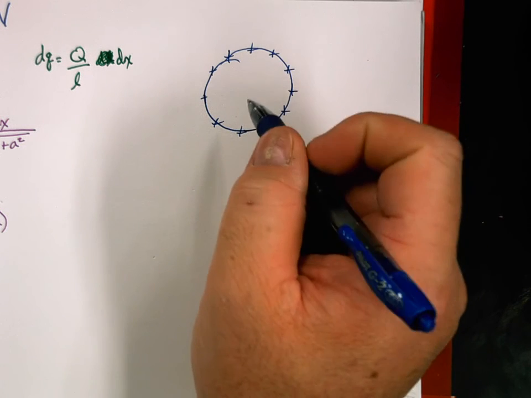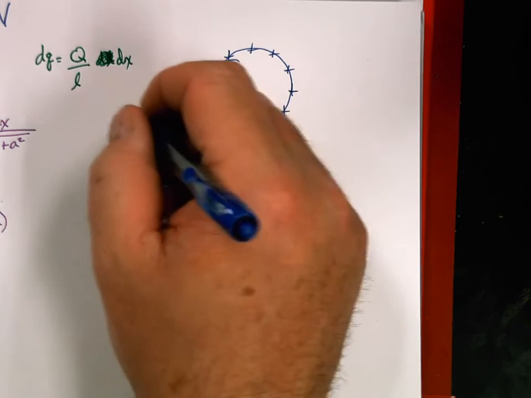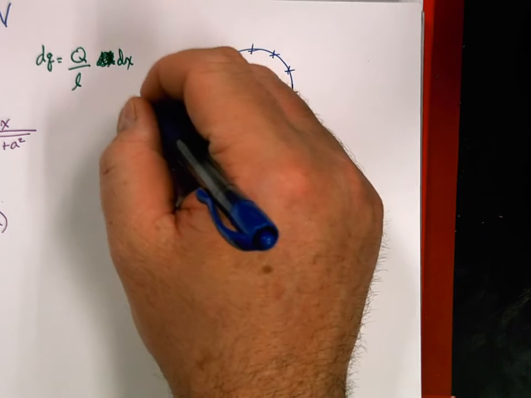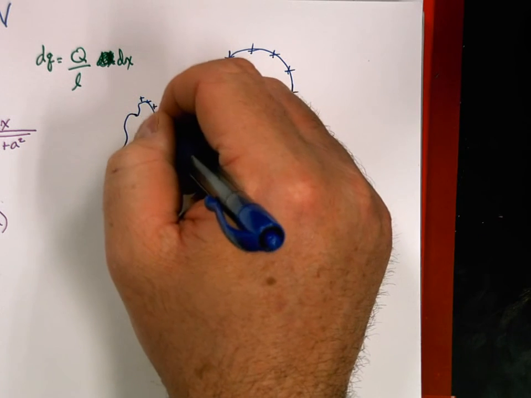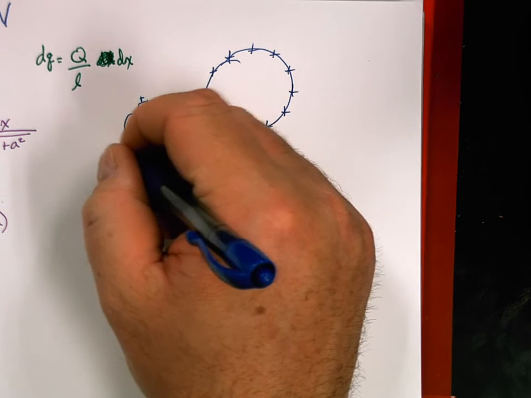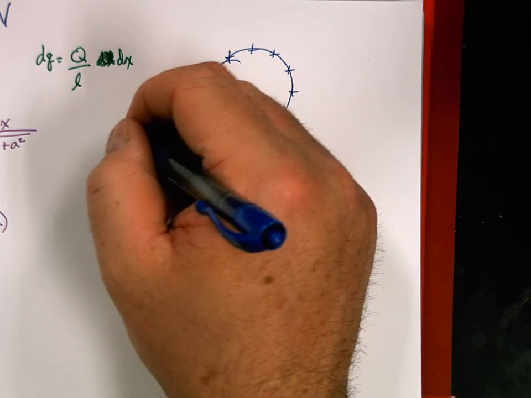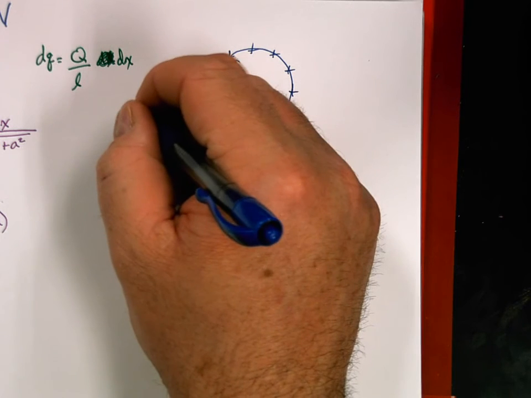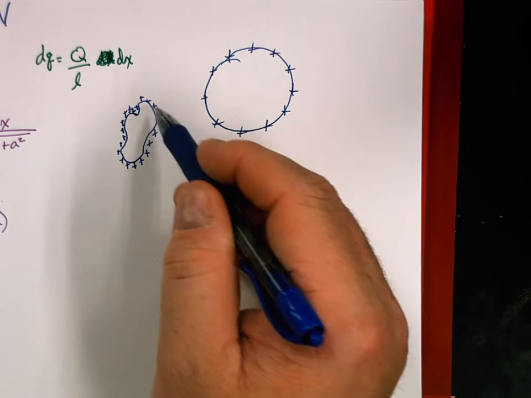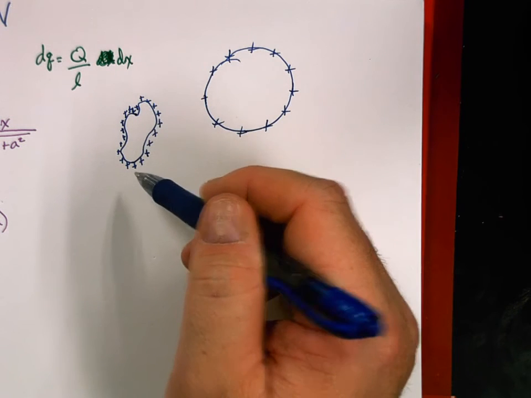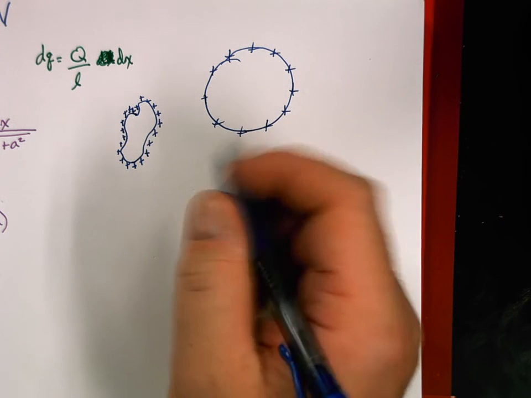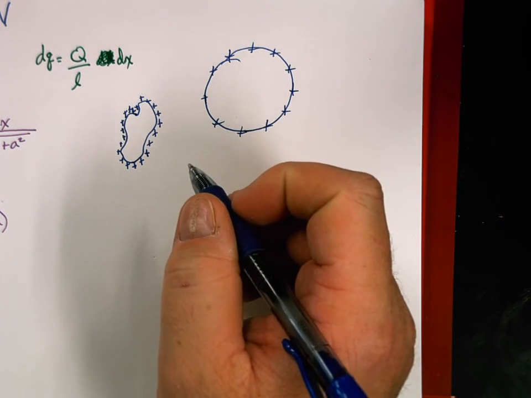In fact, let's draw an oddly shaped object. Our charges will distribute. We're going to get much more into the exact mechanics of how they distribute. But they distribute so that the surface of your conductor, and this is an important concept here, is an equipotential surface.